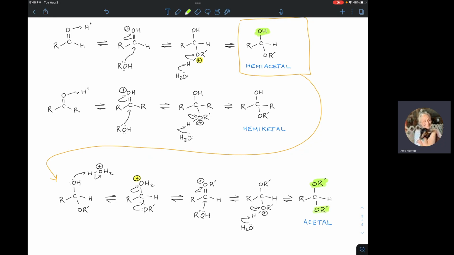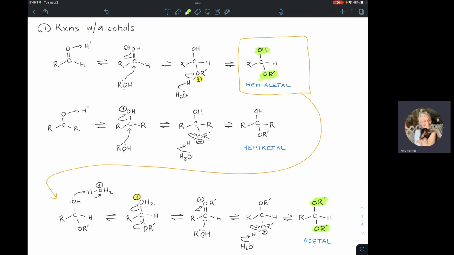So I've got two alkoxy groups on my now sp3 hybridized carbon. In the hemiacetal, I had a hydroxyl group and an alkoxy group. So if we do this with a ketone, some books will actually call both of these an acetal and a hemiacetal, and some books will actually differentiate between a hemiketal and a hemiacetal.